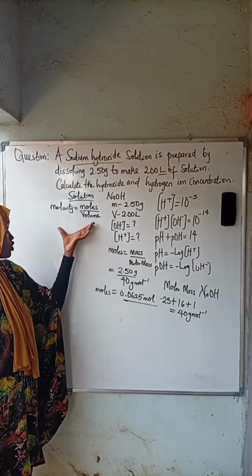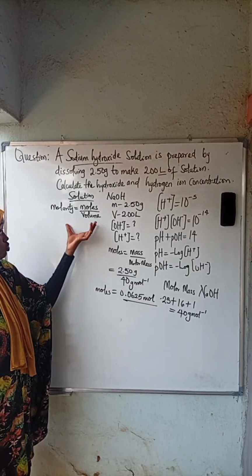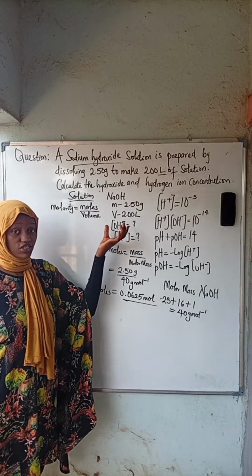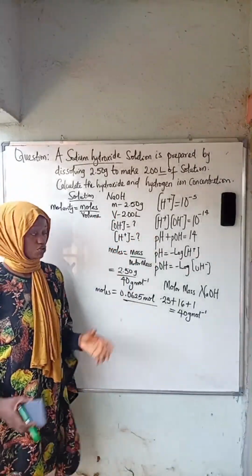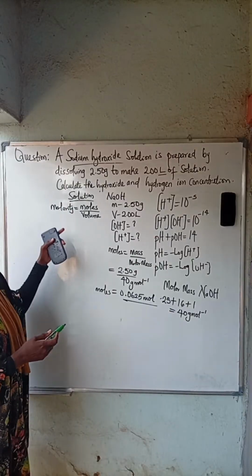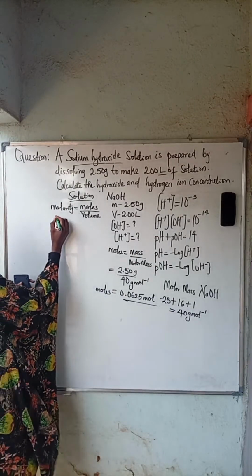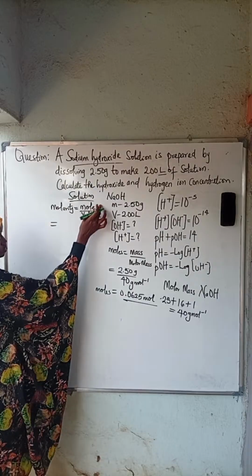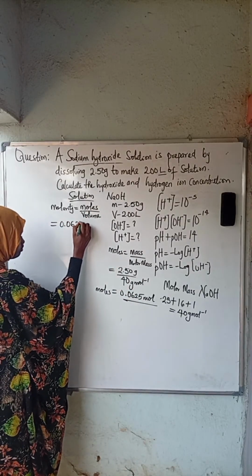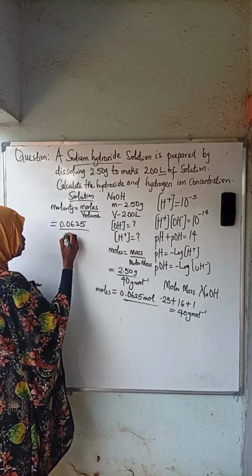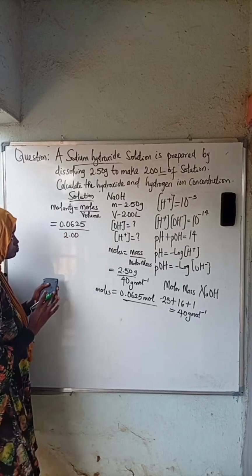So now we are coming back to the molarity, because we need the molarity to calculate the hydroxide ion concentration and also the hydrogen ion concentration. So now we can substitute. So the molarity here will be equal to the moles, which we have got as 0.0625, divided by the volume, which is 2.00.